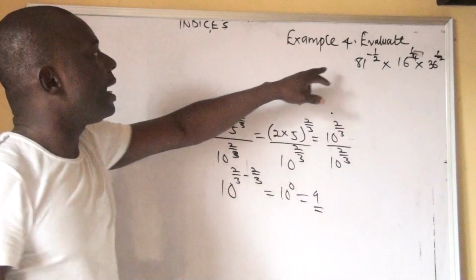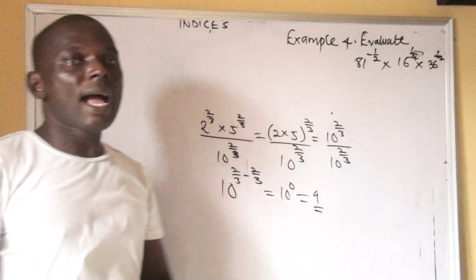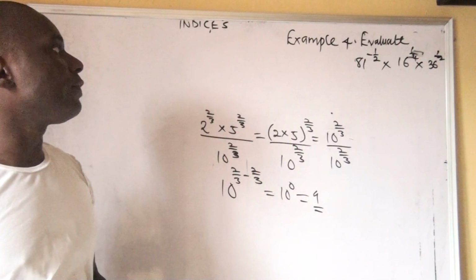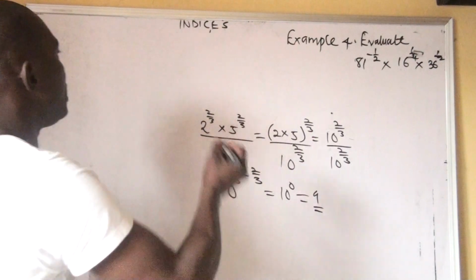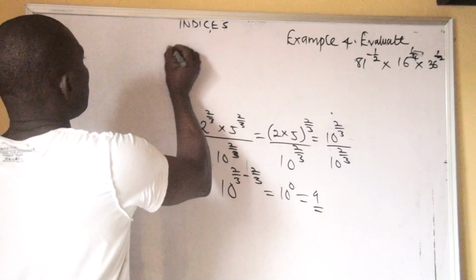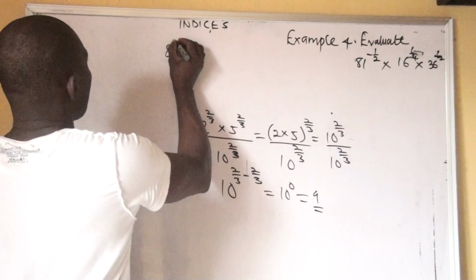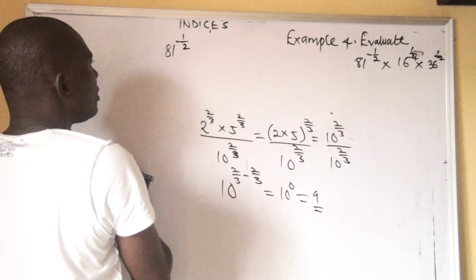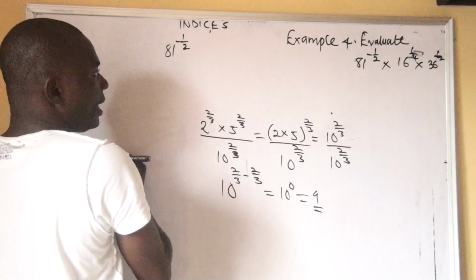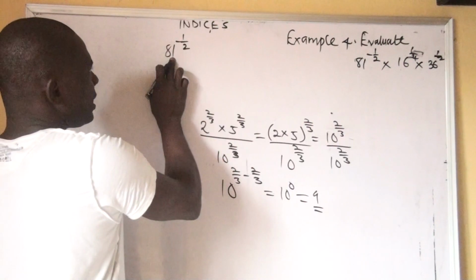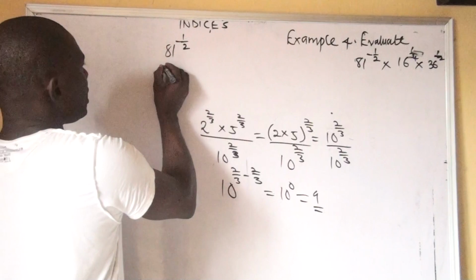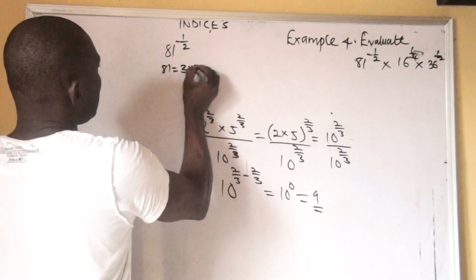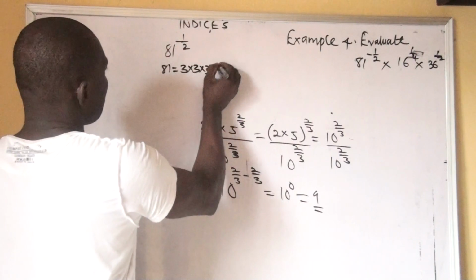Now, the 81 here, we can express as a product of its prime in index form. 3 can divide 81, so 81 is 3 times 3 times 3 times 3.